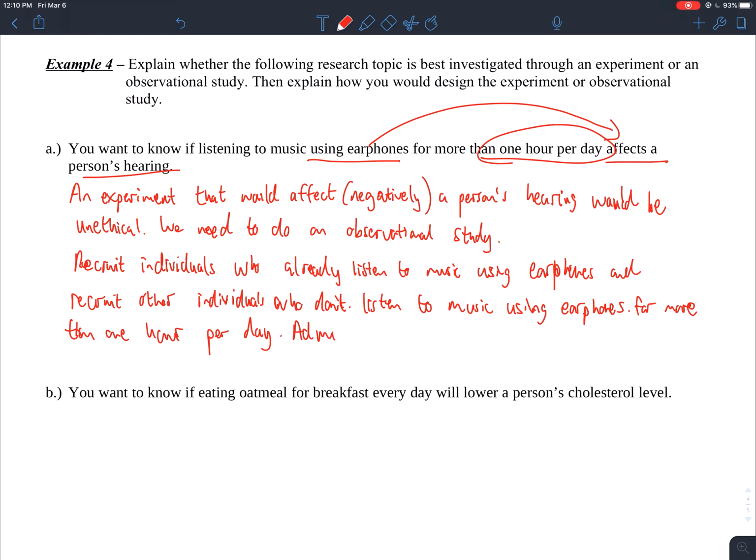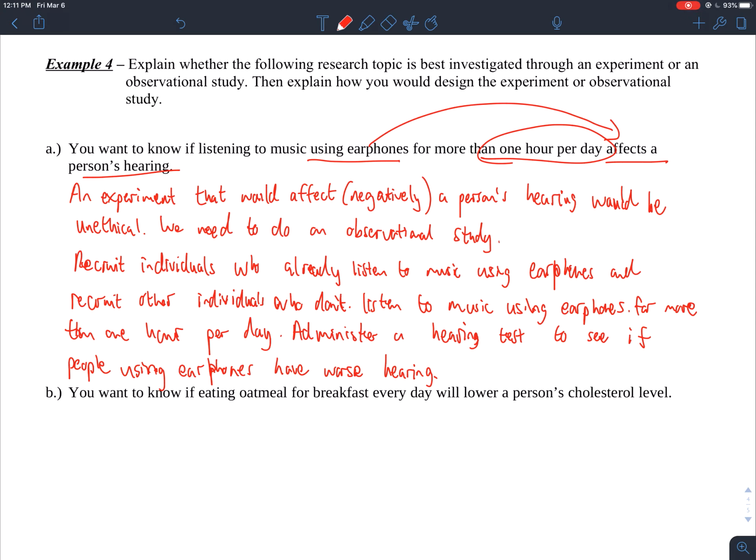Maybe administer a hearing test or something like that to see if people using earphones have worse hearing. Now, again, this will not establish causation.